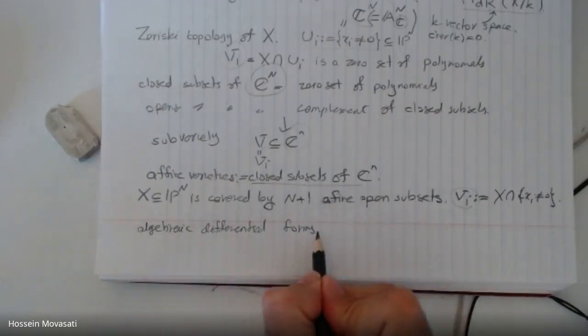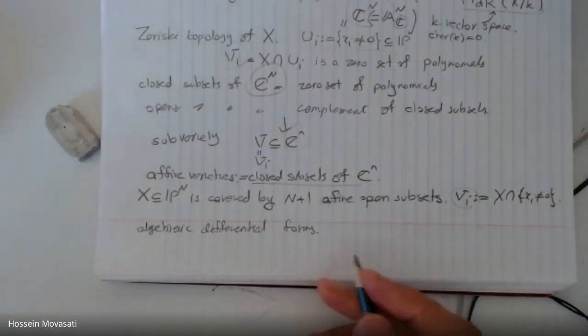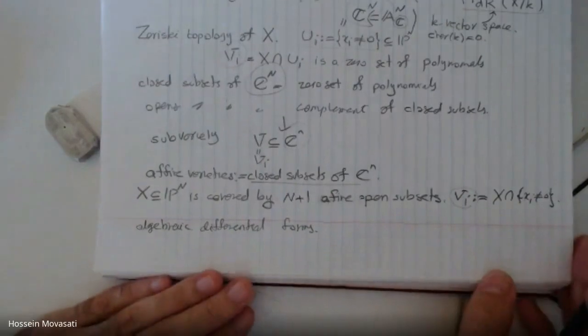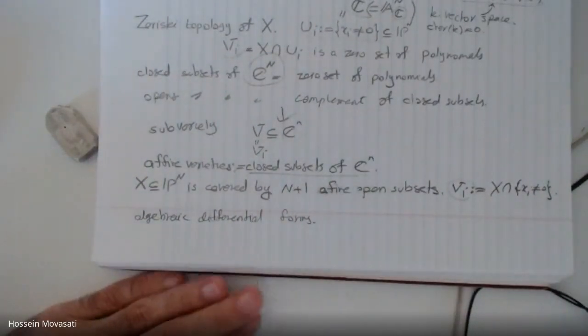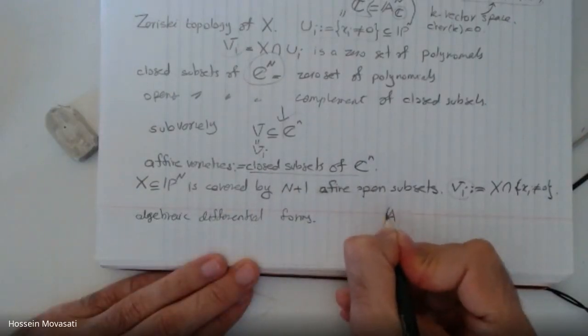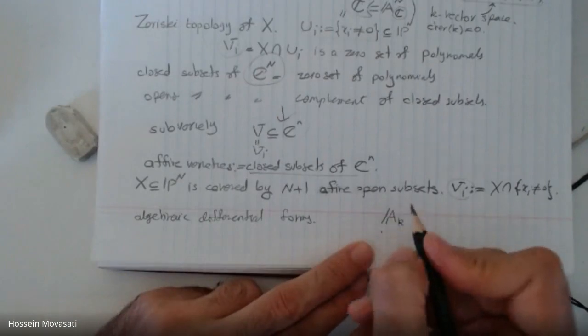We must be able to translate the differential forms of differential geometry to our algebraic context. From now on, let's try to use algebraic geometric notation. As I said, I will use this notation. If you want to, let's put K, an arbitrary field.